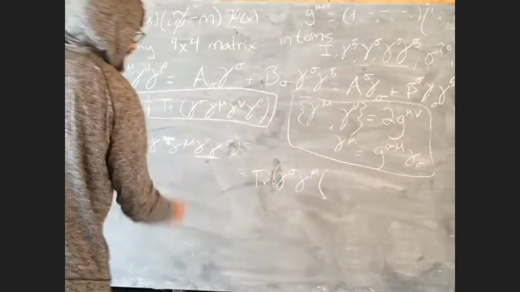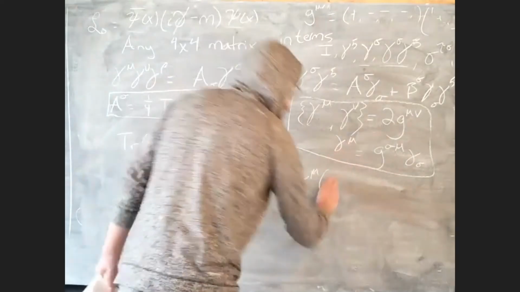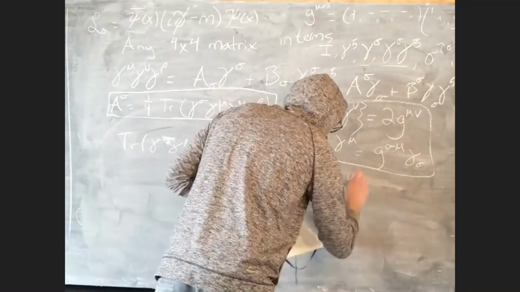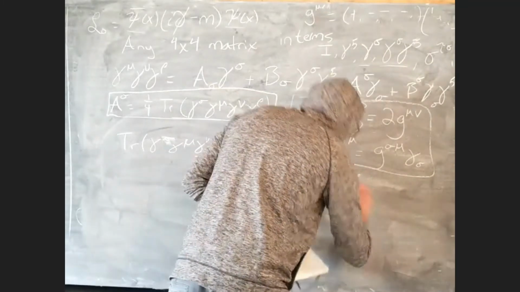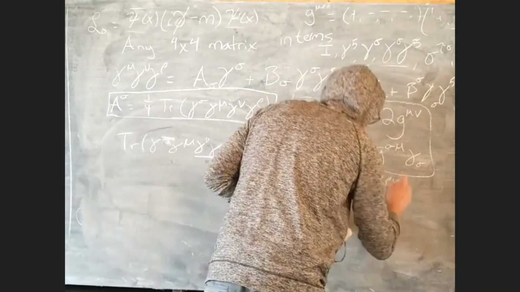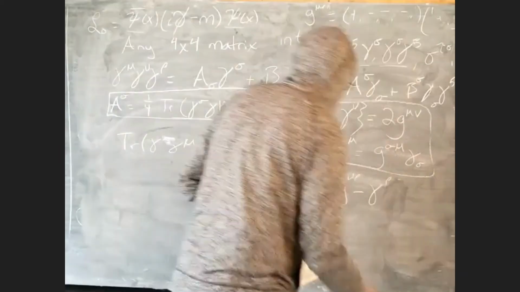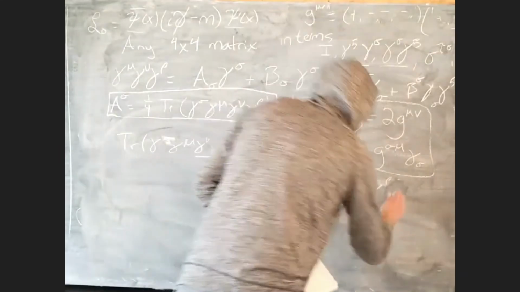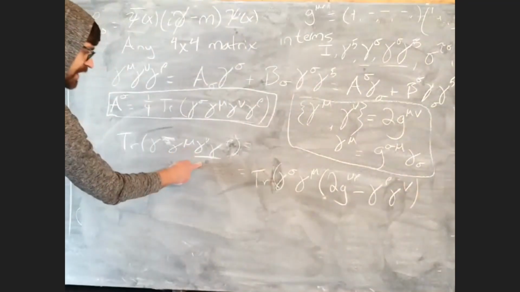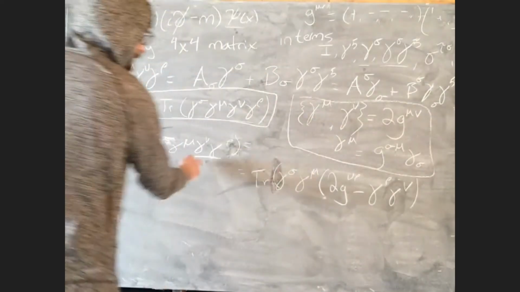So what we're saying is this gamma nu, gamma rho is going to be equal to 2g nu rho minus gamma rho, gamma nu. So basically we've taken this term, we've seen this anti-commutation relation, and we have rewritten it like this.